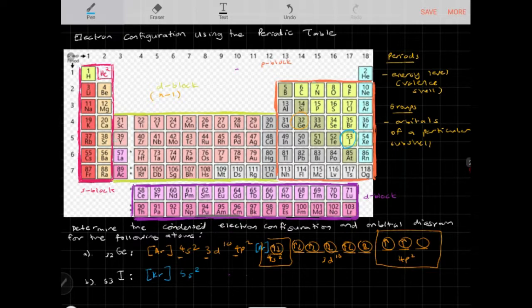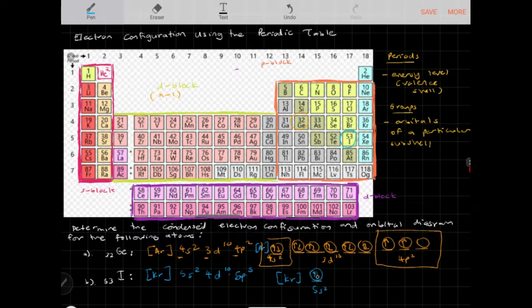Then we go 4d10, right? Because once again, the D subshell is going to be n-1 of the energy level. So in the 5th energy level, you'll have the 4th D subshell. And then you'll go 5p, 1, 2, 3, 4, 5, right? So it's 5p5.